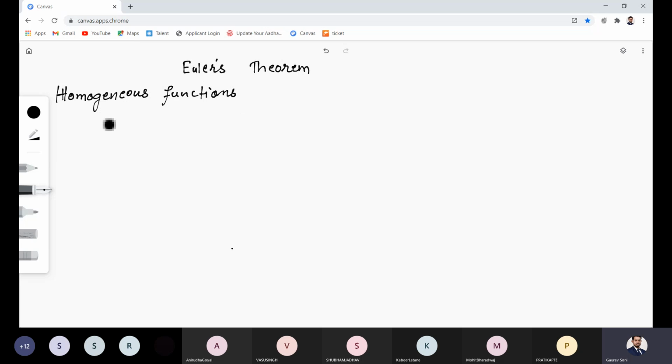So what we have studied is homogeneous equation, the equation of a pair of straight lines. This you have studied in your 12th standard.